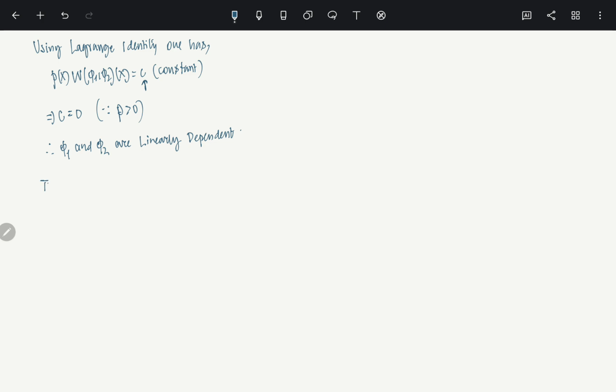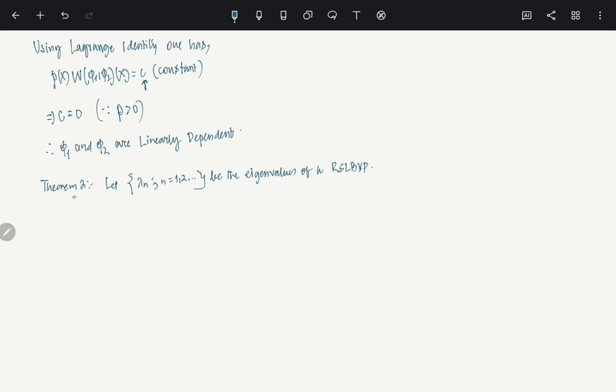So now let's look at the second important theorem, theorem 2. What does it say? It says that you look at the set of eigenvalues lambda n, n equals 1, 2, and so on, so n is in the natural numbers, be the eigenvalues of a regular Sturm-Liouville boundary value problem.